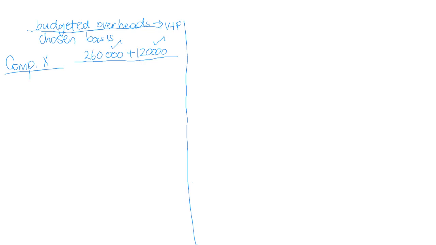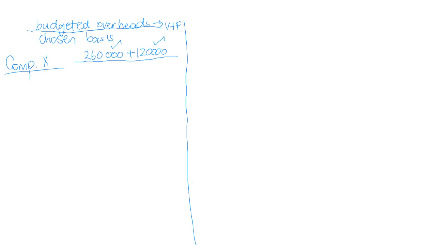Yes, they said to you in the first bullet point below the actual results table that company X uses labor costs as a basis. So you're going to go back to the table at the top, because this is what we use for your allocation rate.